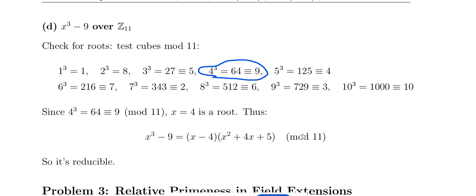So x cube minus 9 we can express as x minus 4 into x square plus 4x plus 9, so that x equal to 4 is split out from this. Dividing by x minus 4, we get this.